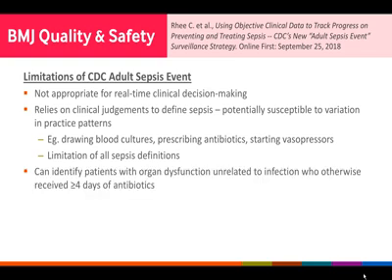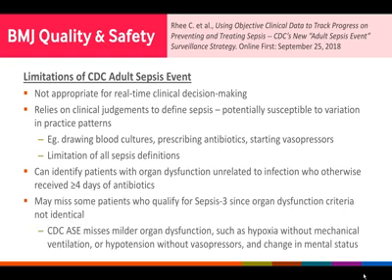It can also identify patients with organ dysfunction unrelated to infection who otherwise received at least 4 days of antibiotics. And it may miss some patients who qualify for sepsis 3, since organ dysfunction criteria are not identical. We found in chart review that the CDC definition does miss cases of milder organ dysfunction, such as hypoxia without mechanical ventilation, hypotension without vasopressors, and changes in mental status.